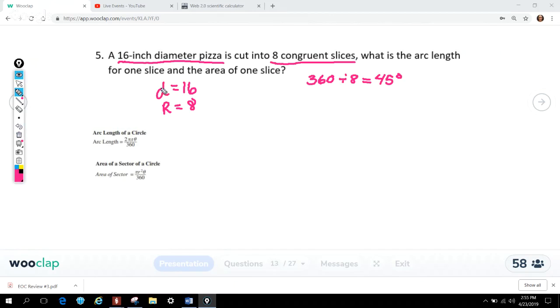This wants to know both the arc length, which in essence is the crust of the pizza, and the area. So for arc length we have 2 pi r theta divided by 360.